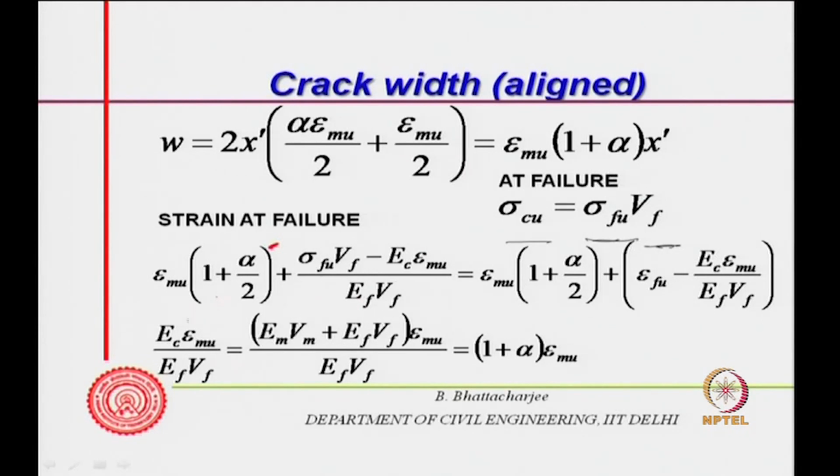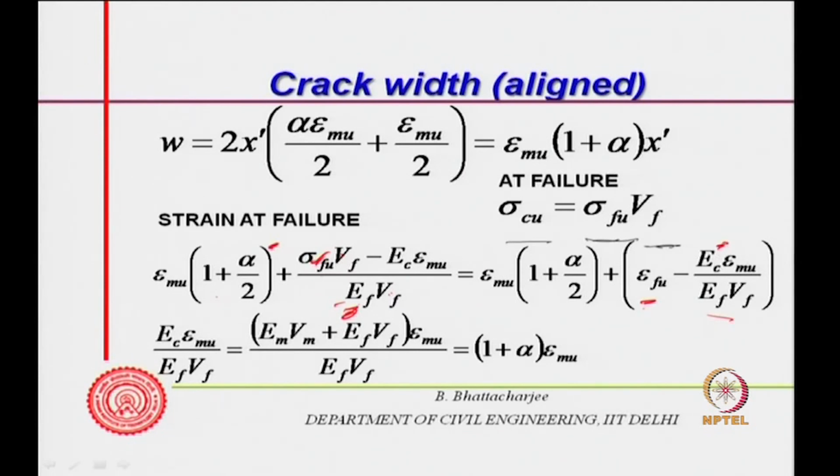This will be the sum total of strain at failure, and this can be written as, dividing, sigma Fu by Ef, Vf will cancel out, I am left with epsilon Fu minus Ec epsilon mu divided by Ef Vf.